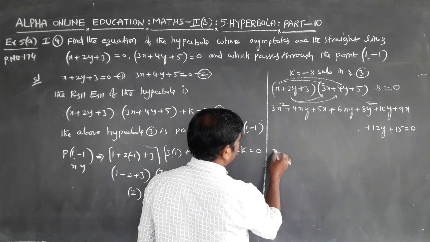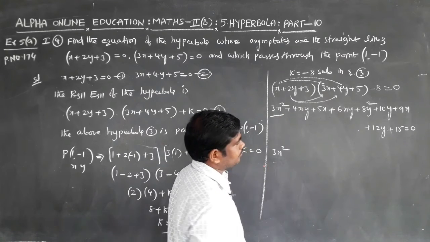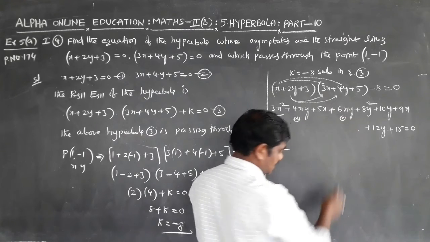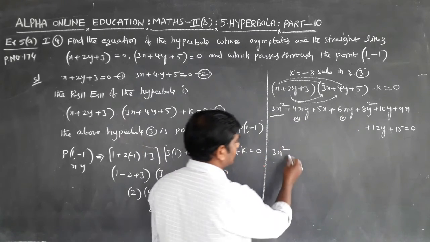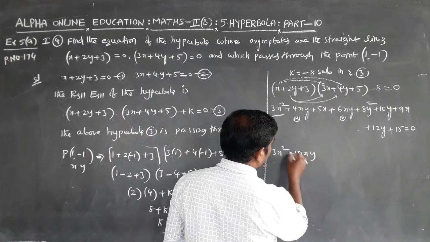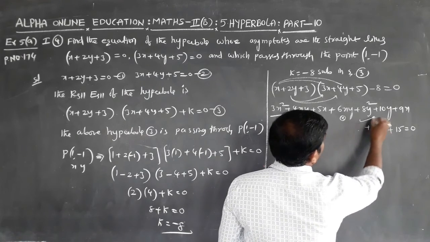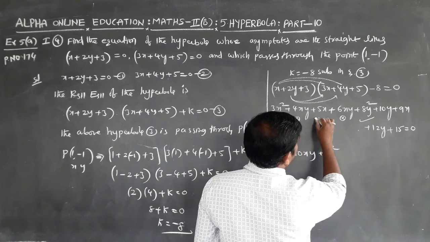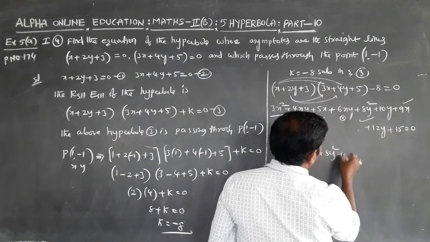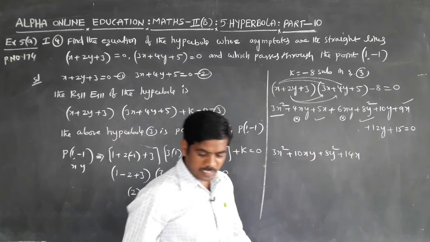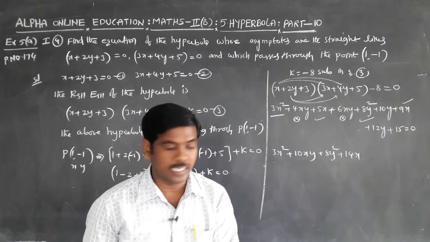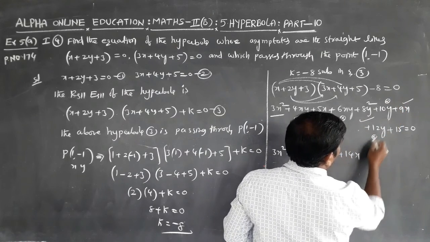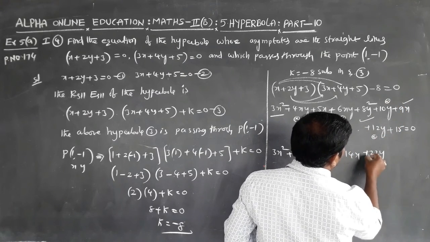Write in order: 3x²; 4xy + 6xy = 10xy; 8y²; 5x + 9x = 14x; 10y + 12y = 22y.